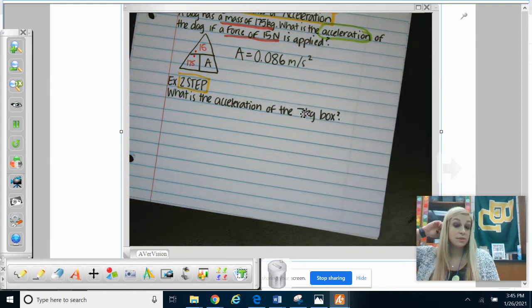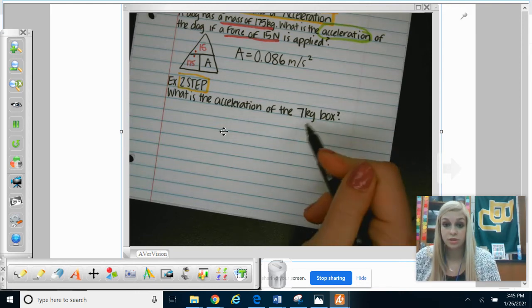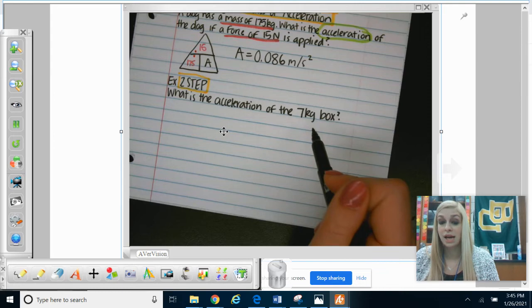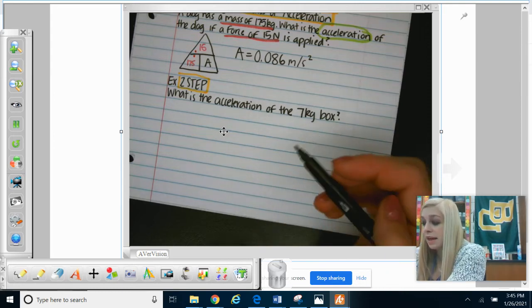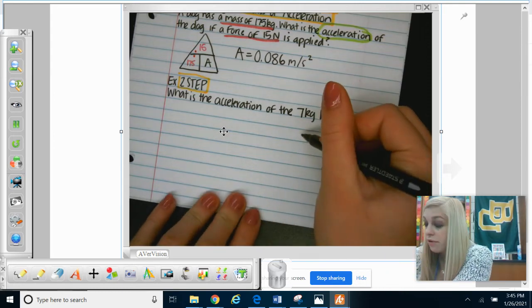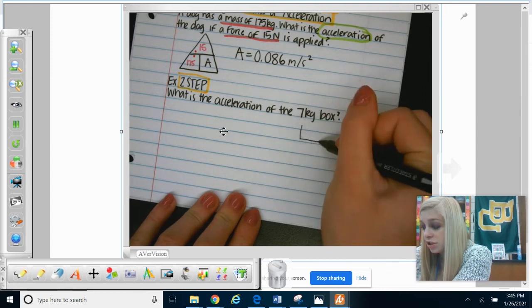So two-step problems have a question that generally only have one number in the question. So it only gave us the mass. It's asking for the acceleration, and that's because you're going to find the force from the picture that comes with the question.